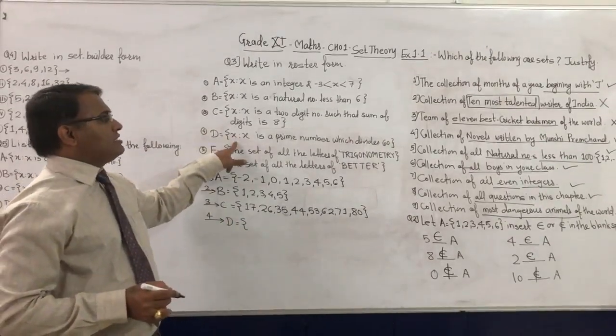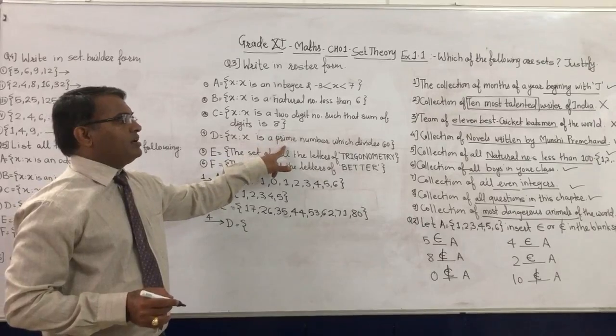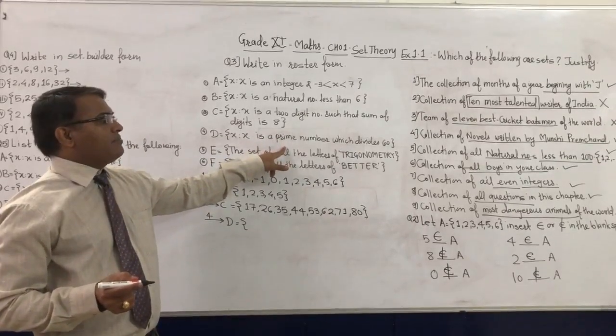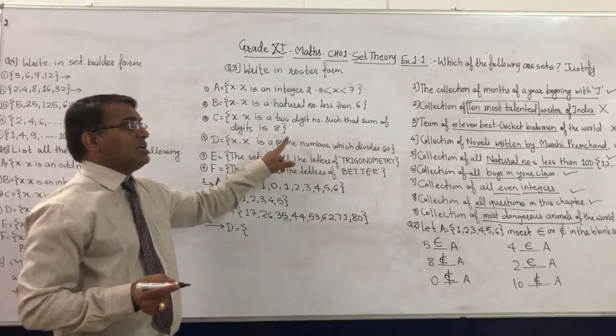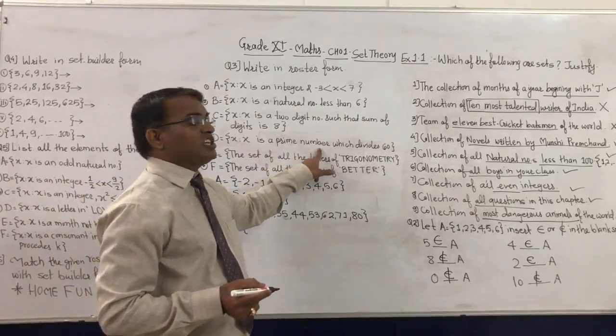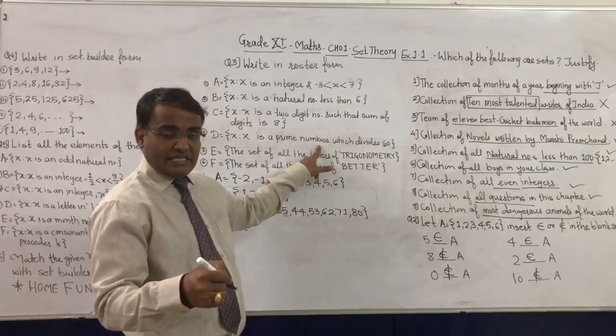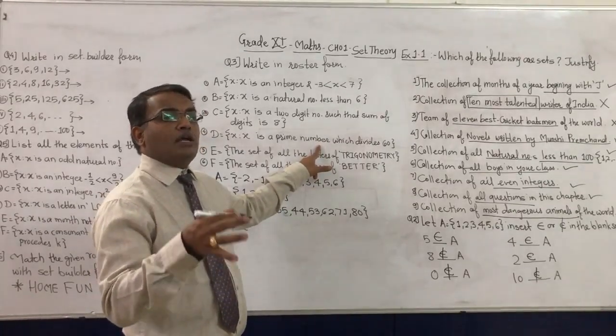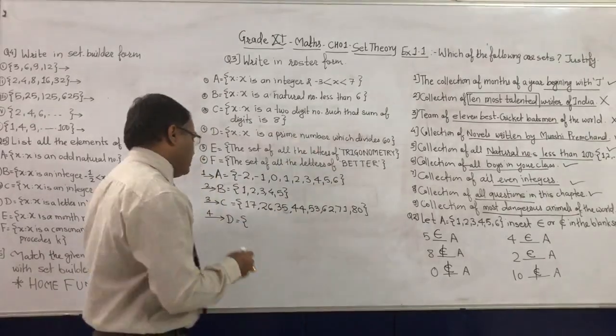Okay, x such that x is a prime number which divides 60. Which divides 60 means what? The factors of 60, right? And among the factors of 60, only those which are prime will come.